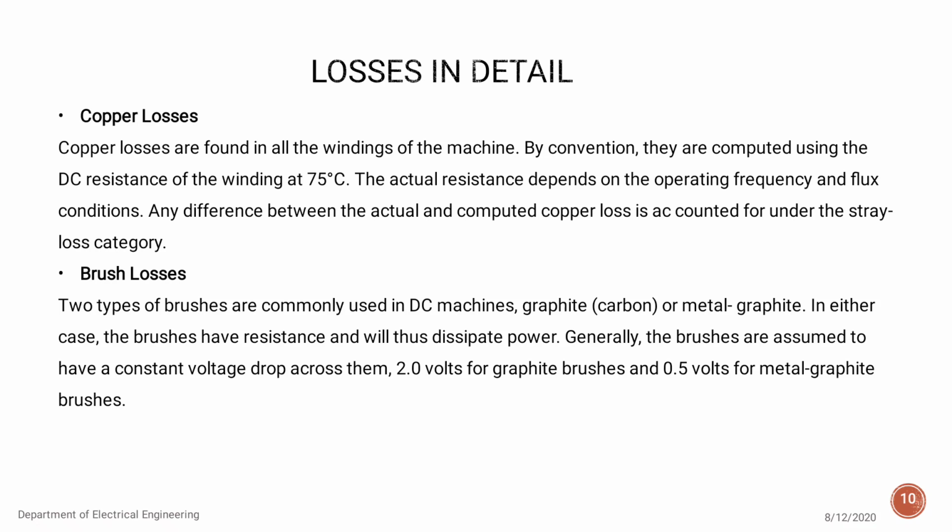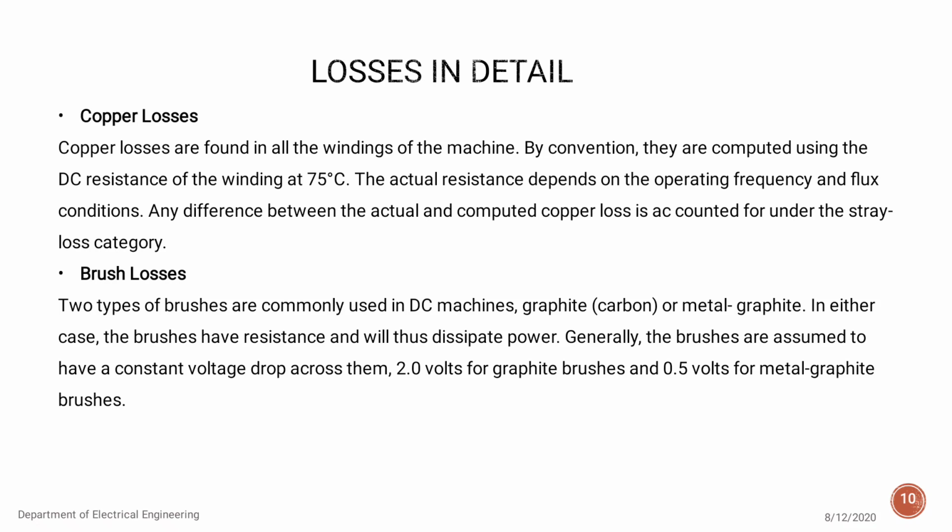Whenever we allow a current to flow, this current flows through the winding. Then we know that if there is a resistance and current flowing through the winding, there is a voltage drop. The drop dissipates into heat, and this heat is nothing but copper loss. If this current changes, then these losses will also change. That's why it is known as variable losses.